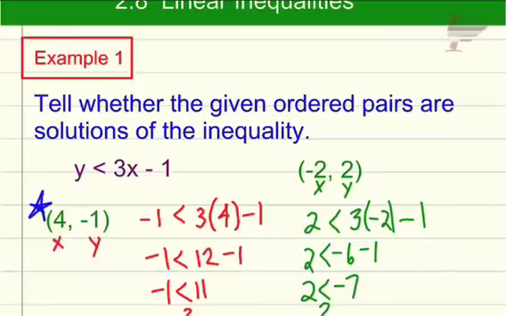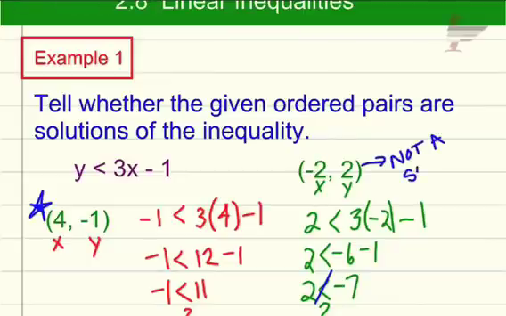Is this a true statement? Is 2 less than -7? So hopefully you guys are shaking your heads because 2 is not less than -7. So this point is not a solution.